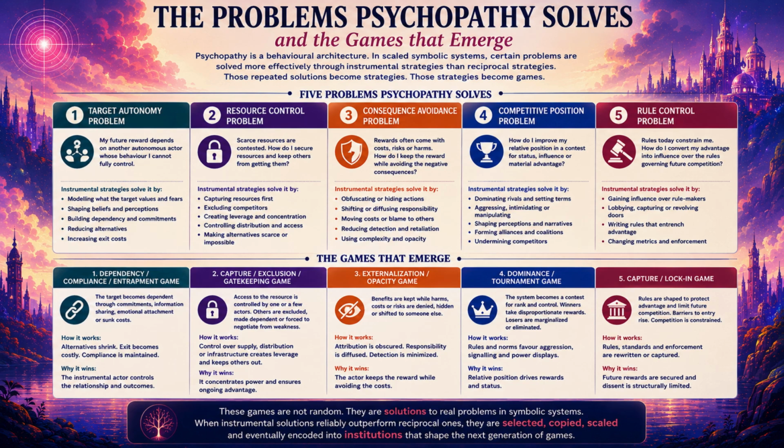And when those state changes become stable enough, they produce recognizable game families. Entrapment games, gatekeeping games, externalization games, tournament games, and so on and so forth. That's the bridge from psychopathic architecture to the emergence of games.